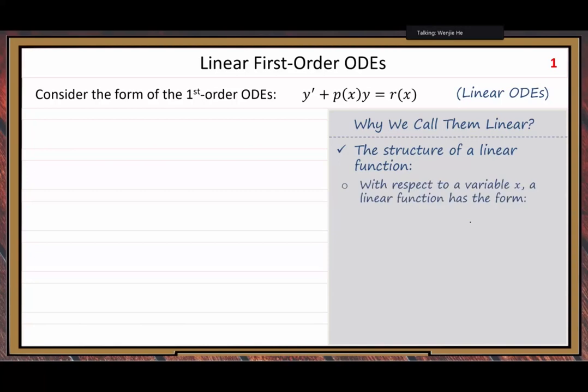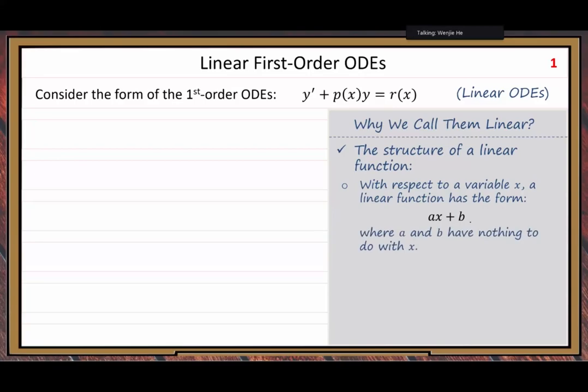With respect to a variable x, a linear function has the form ax plus b. First, you need to determine your targeting variable. Here x is our targeting variable: a constant times variable x plus a constant b. Linear form, very simple.